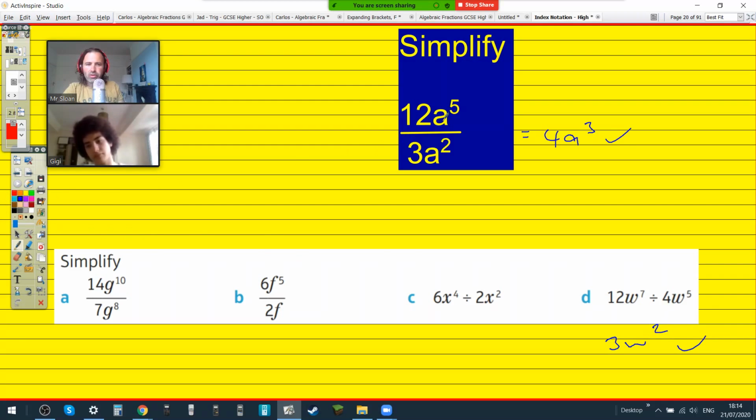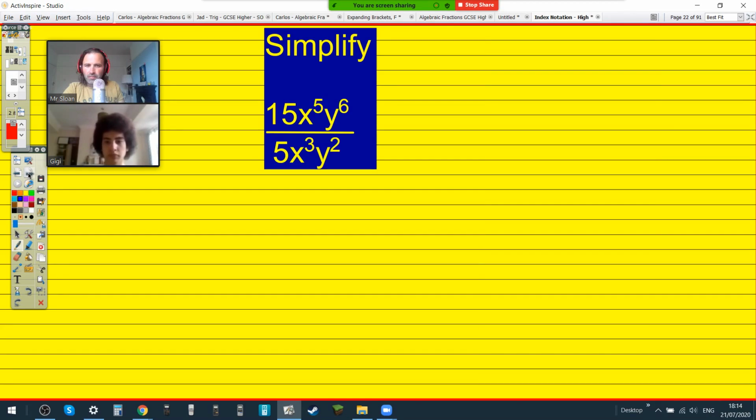Great. And so over and divided by, same thing. Okay, 3 terms. 3x to the power of 2 and y to the power of 4.